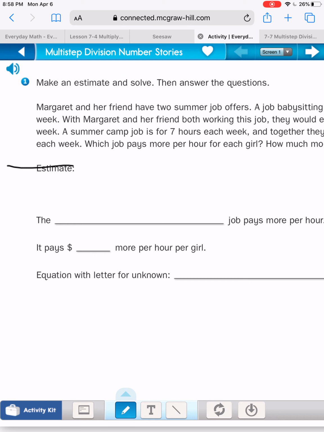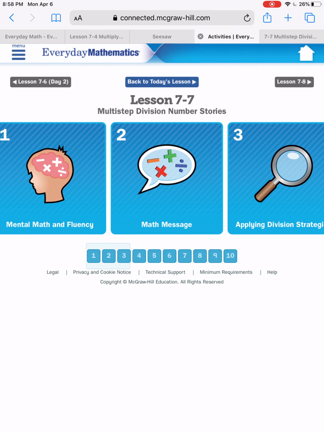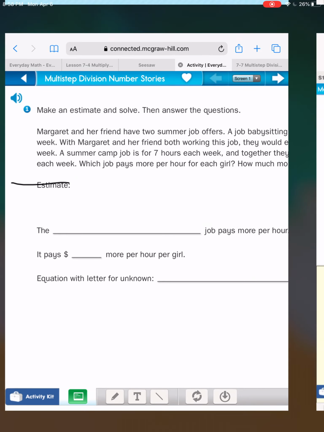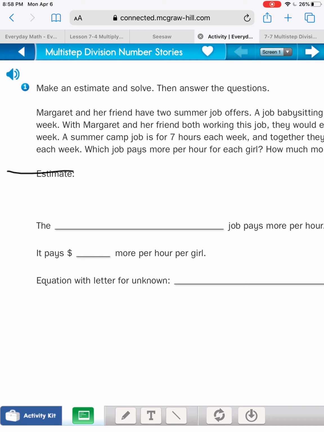Okay, boys and girls, we're going to talk about what we know from the problem. I just have to switch back and forth because I used my pen and I want to use my mouse now, so bear with me. We have Margaret and her friend, and they were both offered 2 different summer jobs. Of course, they want to decide which job pays more.